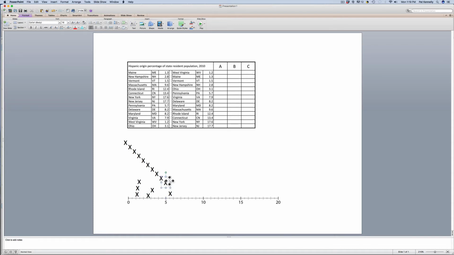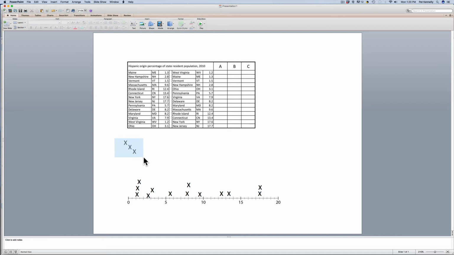These don't have to be exact, but you have to get an idea of what the distribution is. 7.9 would almost be at 8 here, and then 8.2 is going to be very close to that, right? 9.6, 12.4, 13.4, 17.6, and finally 17.7.